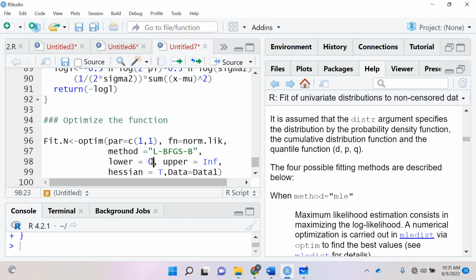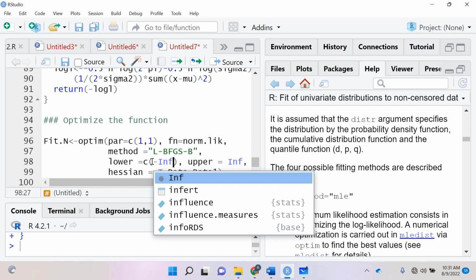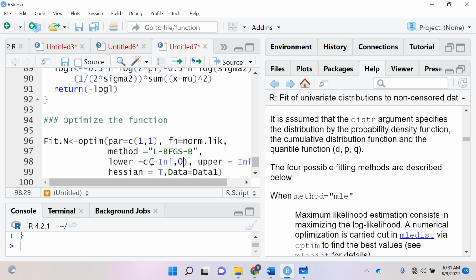If we use L-BFGS, then we need the lower bound. What is the lower bound? Remember, the first one is the mean, so it can be negative infinity, but the variance is 0. Then the upper bound, we can also say they are both infinite, right?